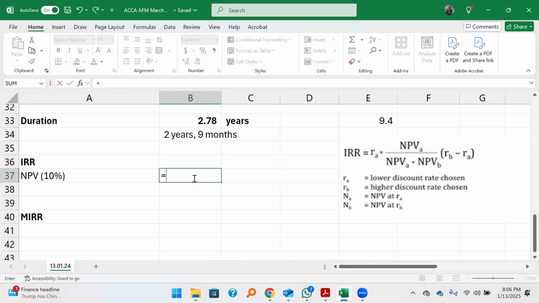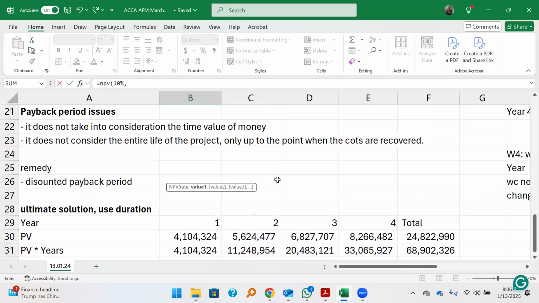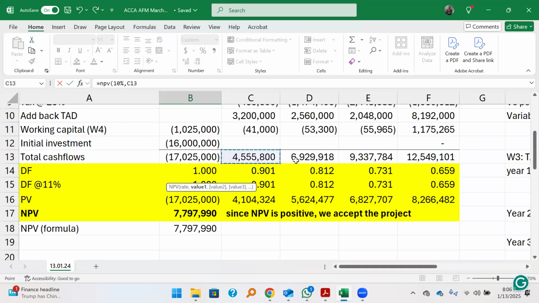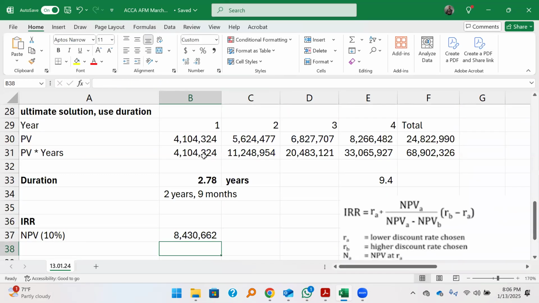So I just go again and say NPV 10%, give it the cash flows from year one. Okay. And then subtract initial investment. So that is how you'd get NPV at 10% very fast.